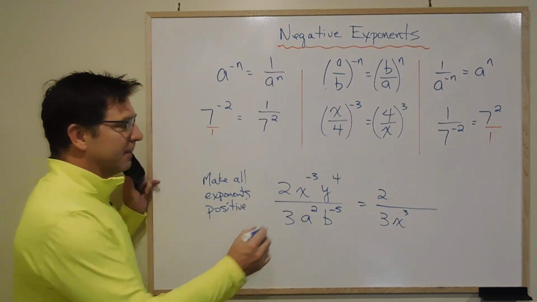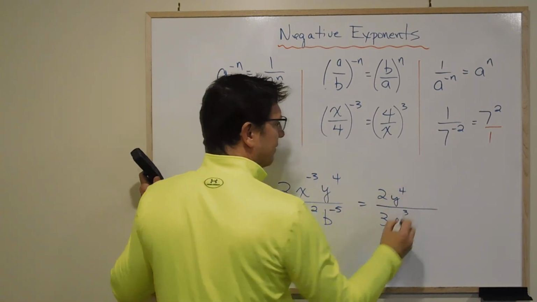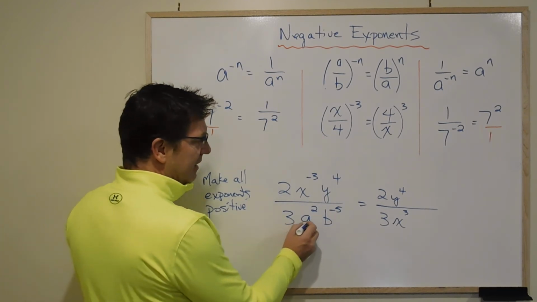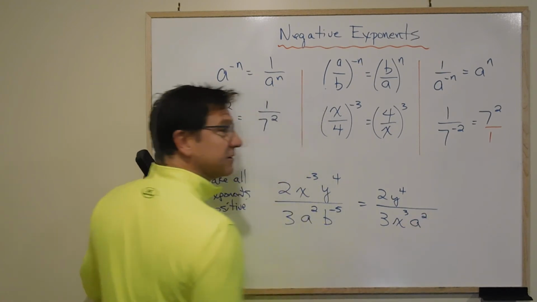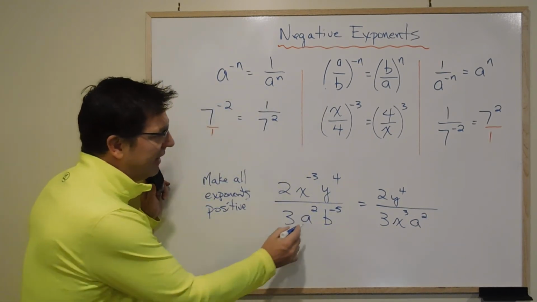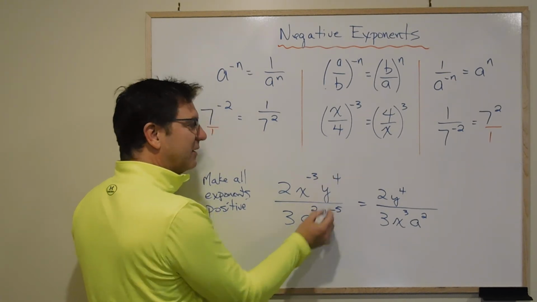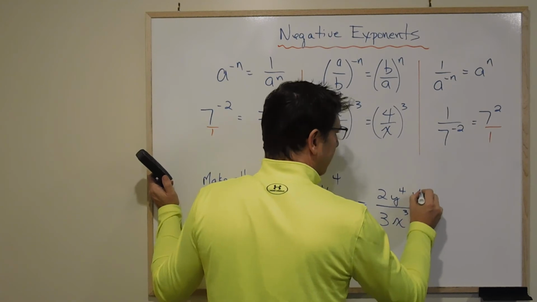Here, that exponent's positive, it just stays here. But I keep looking. A is to a positive 2. I don't move it. The exponent's already positive. But b to the negative 5, since it's in the denominator, to make it positive, I need to move it to the numerator, which would be b to the 5.